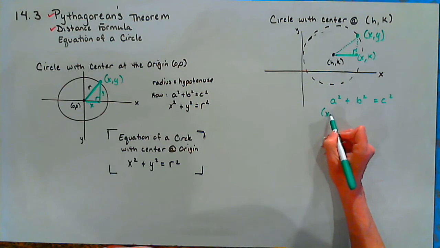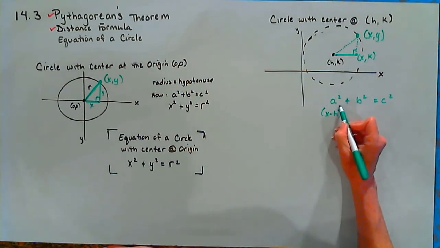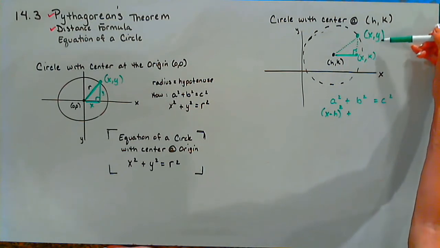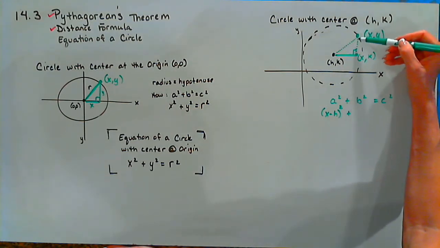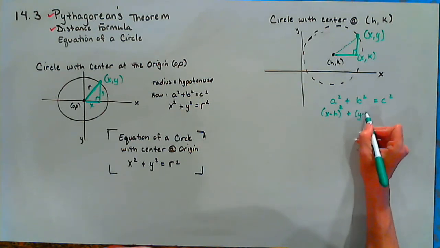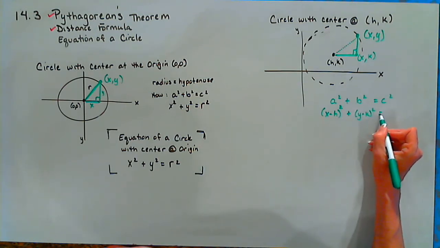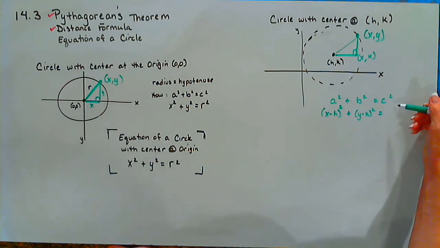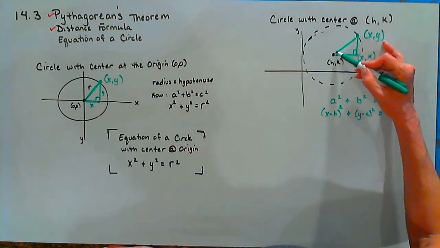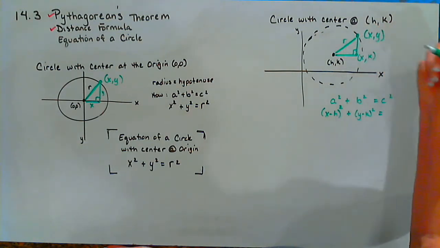So this would be x minus h. It says to square it. How far have we gone in the y direction? To figure that out, it's the difference between those. So that's y minus k squared. And what does the c squared or the hypotenuse represent? This c value represents the radius of our circle.